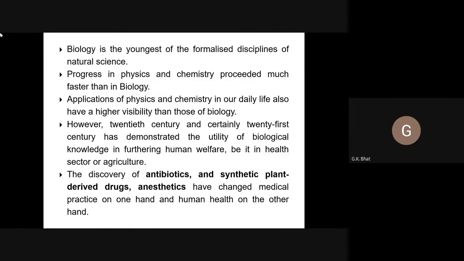Biology is the youngest of the formalized disciplines of natural science. It is the most recent one as far as the advancement of research is concerned.